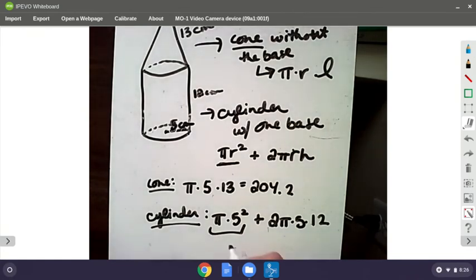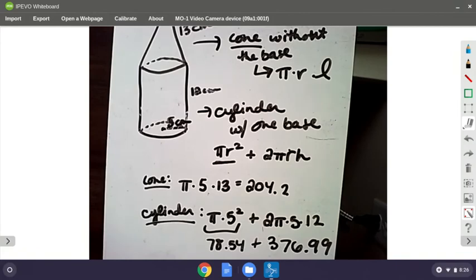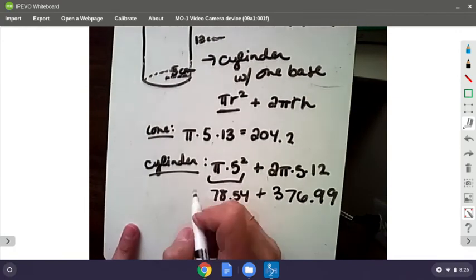So pi times 25 is 78.54. And then 2 times pi times 5 times 12 is 376.99. And then we're going to add those two together. So 376.99 plus 78.54 is 455.53.